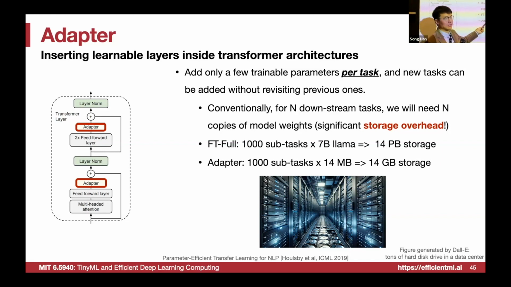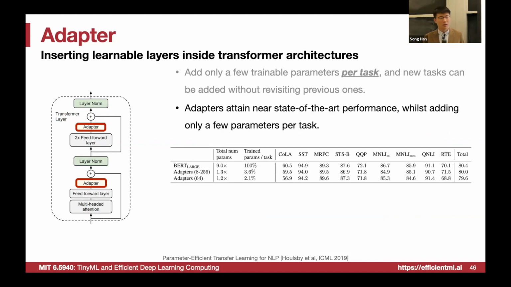If you use adapters, again with 1,000 subtasks, it's only 14 megabytes for each task. That's like 14 gigabytes of storage, a lot more parameter efficient. So adapter can attain nearly state-of-the-art performance while adding only a few parameters per task.